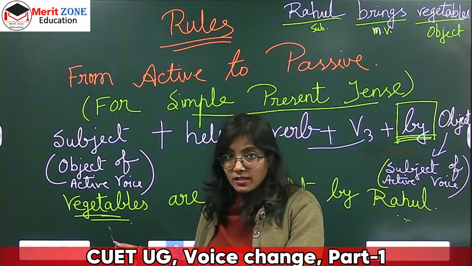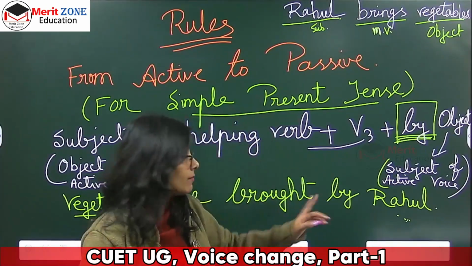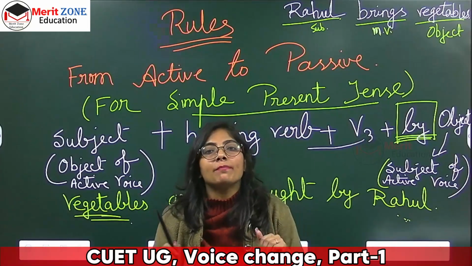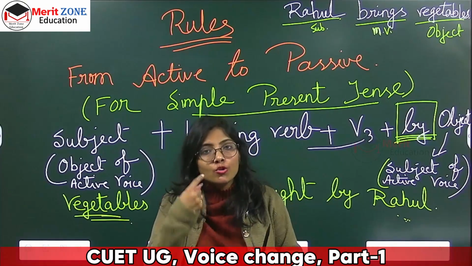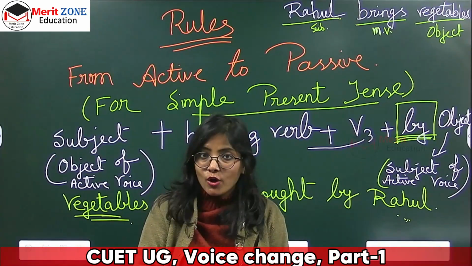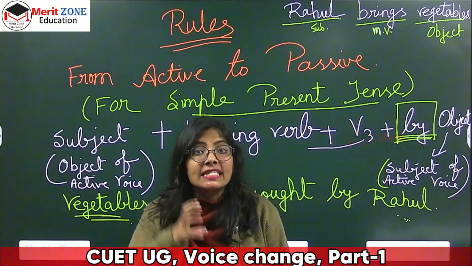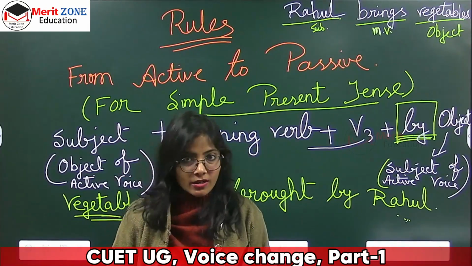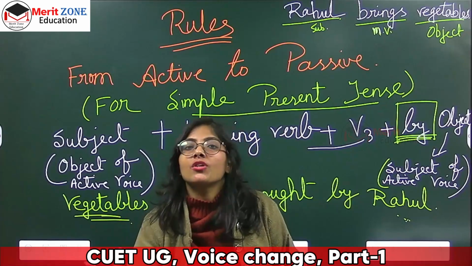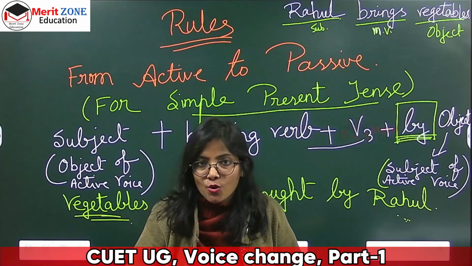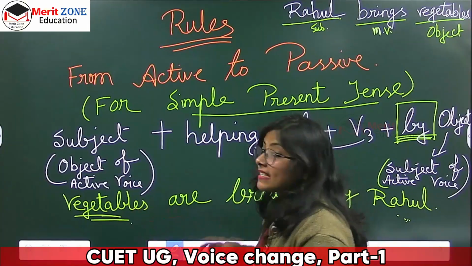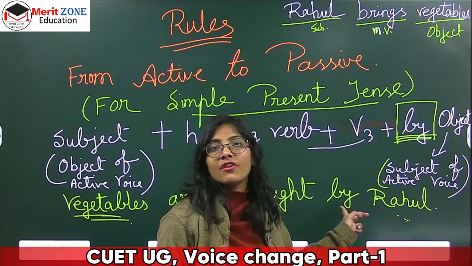He can be the subject, but the action is being done by Rahul. So that's the basic difference between active voice and passive voice. In active voice the doer, the subject, does his own work, but in passive voice, the subject needs the help of some agent to do the work. The subject needs an agent to finish the work because the subject cannot do the work on its own. So vegetables are brought by Rahul, so we need this by part. By part is very important.